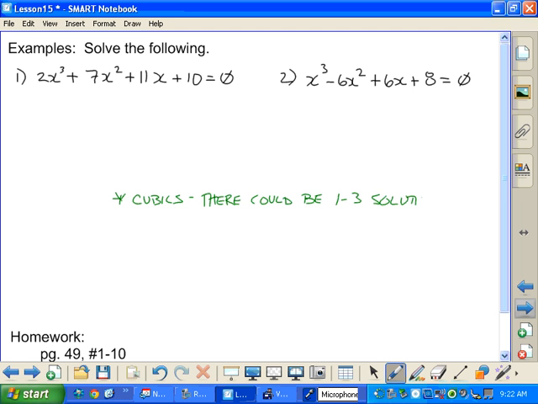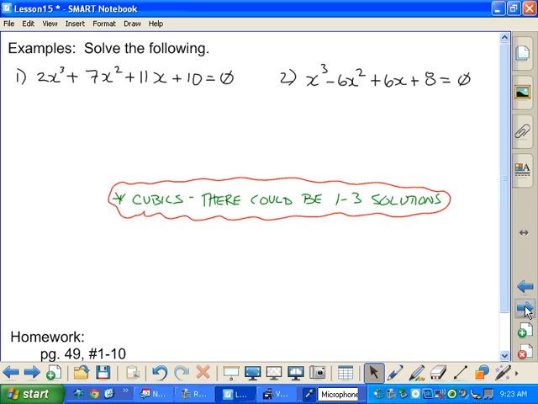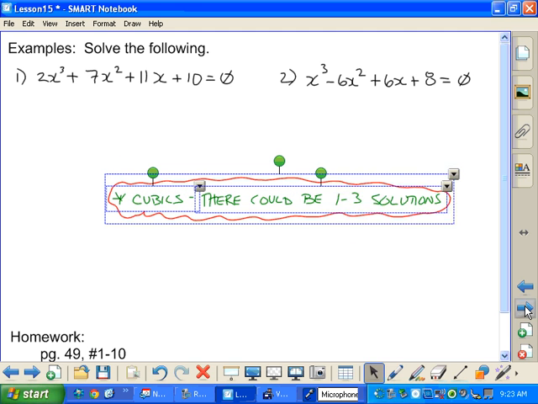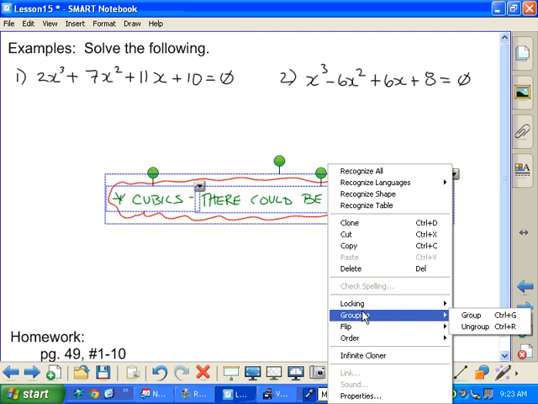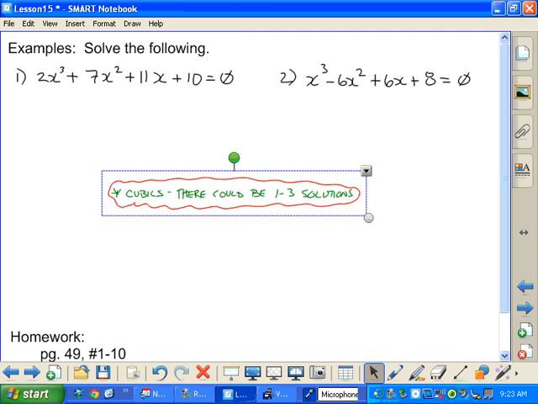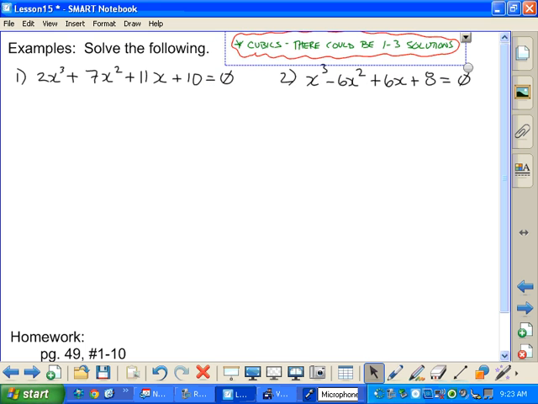You need to keep that in the back of your head. So if you end up with 4 solutions, you've graphed it wrong, or you've done something that doesn't jive. And if you don't have any solutions, you need to change your window because you haven't got the entire graph. So I'm just going to move that out of the way.